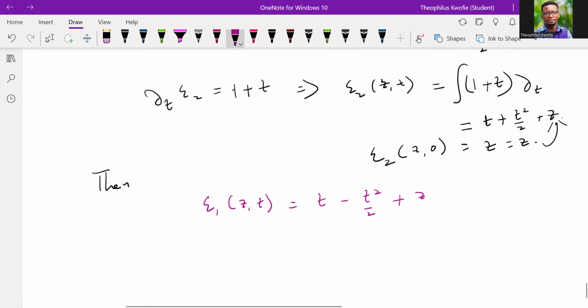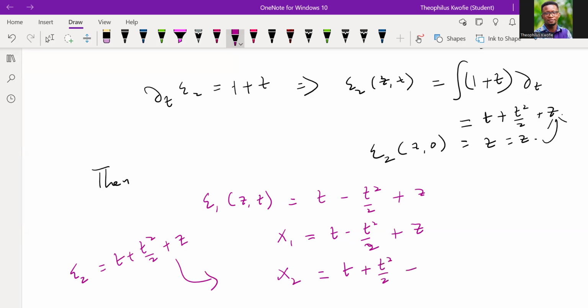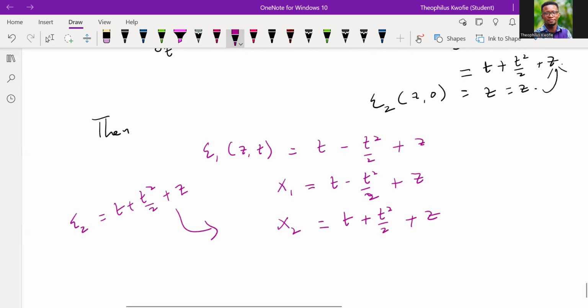That's what we said. And then your xi2 will be what? If your xi2 is t plus t squared on 2 plus z, then your x2 will be what? t plus t squared on 2 plus z. Is that okay?